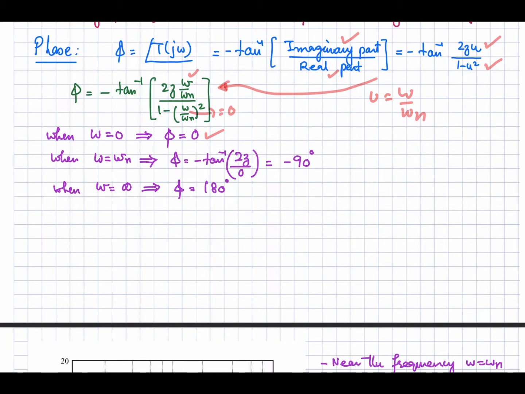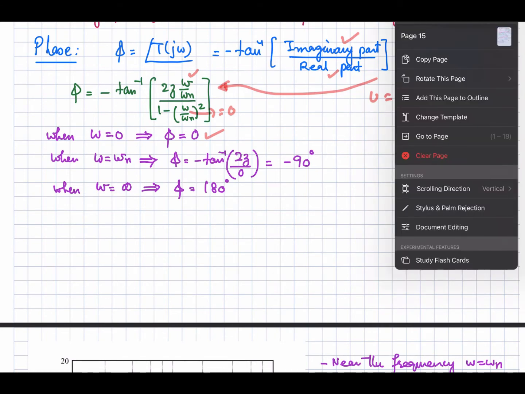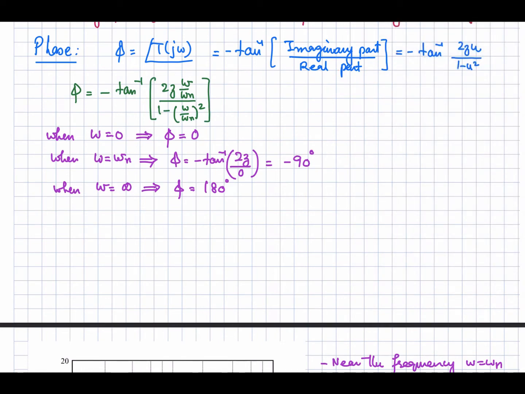And if omega is equal to omega n, from this expression this is going to become 1, so the overall denominator is going to become 0, so this part will be infinity, and the tangent inverse of infinity will be minus 90 degree.